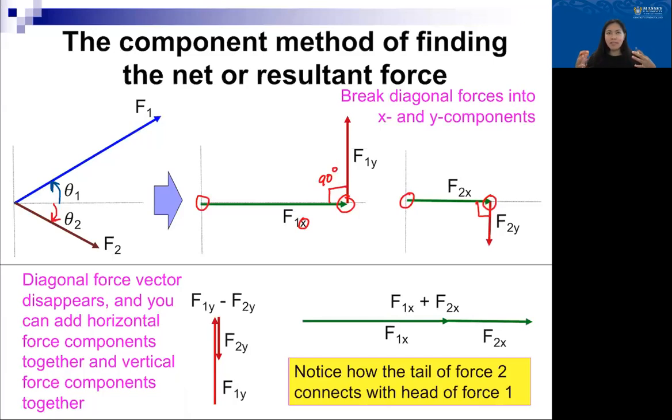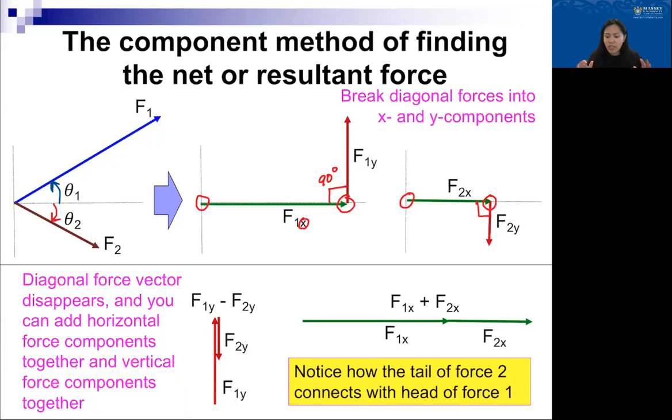Does that make sense so far? Okay, good. I can see some thumbs up. The key takeaway so far is just breaking down the diagonal vector into horizontal and vertical components so that we can get rid of the diagonal vector.